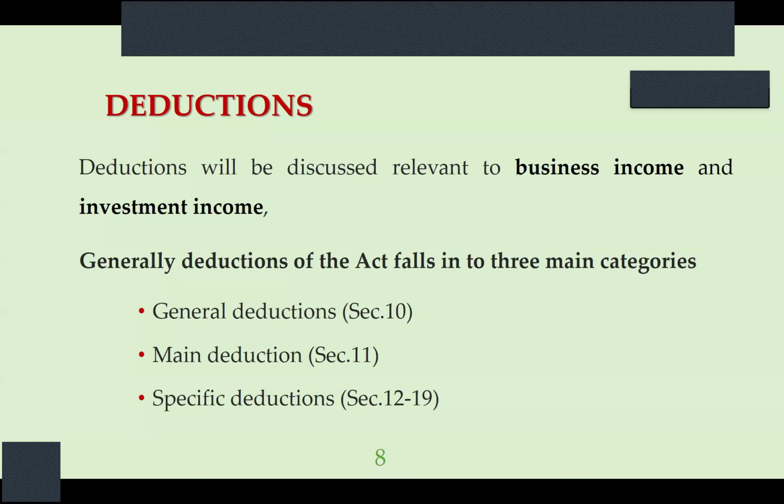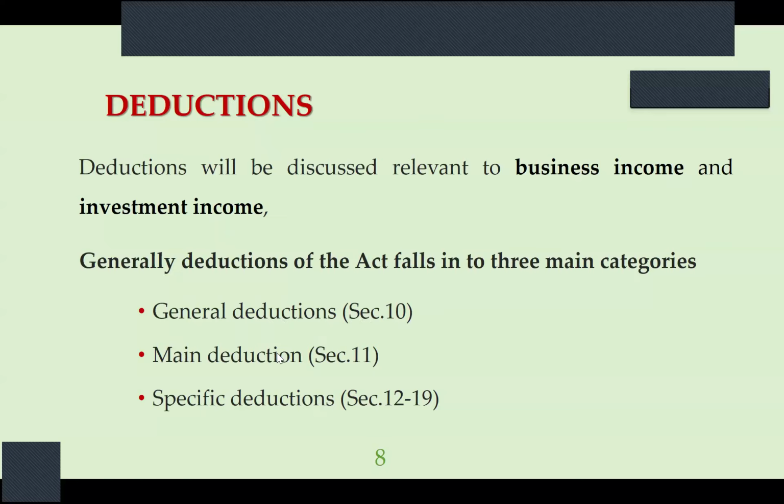It has been given under several sections. In the deduction section, it says deduction will be discussed relevant to business income and investment income. And these deductions are given under specific sections. So the general deduction rule is available under section 10.